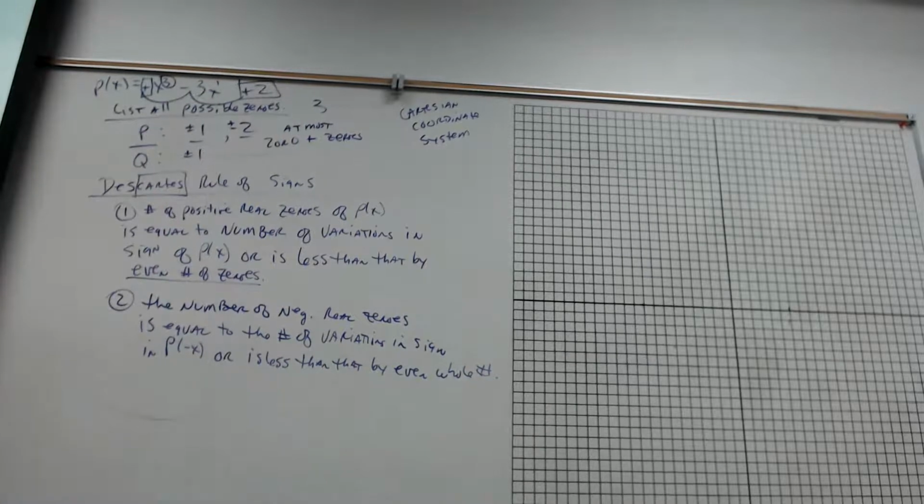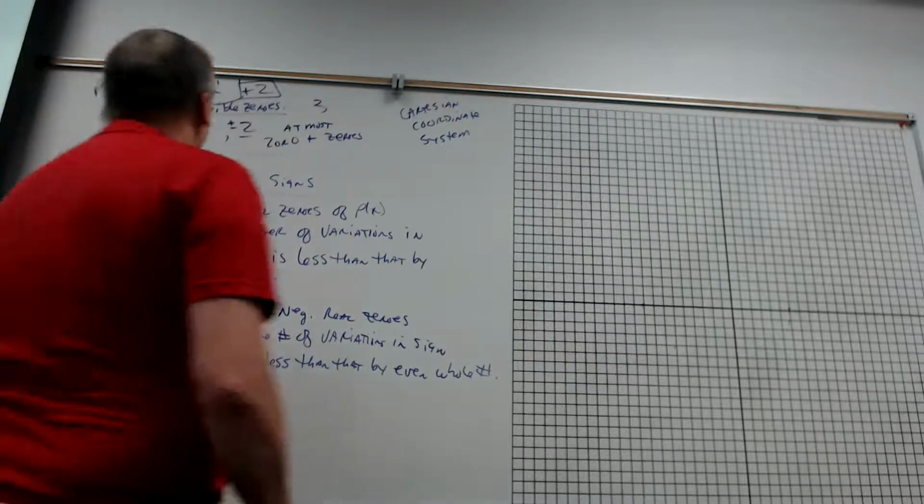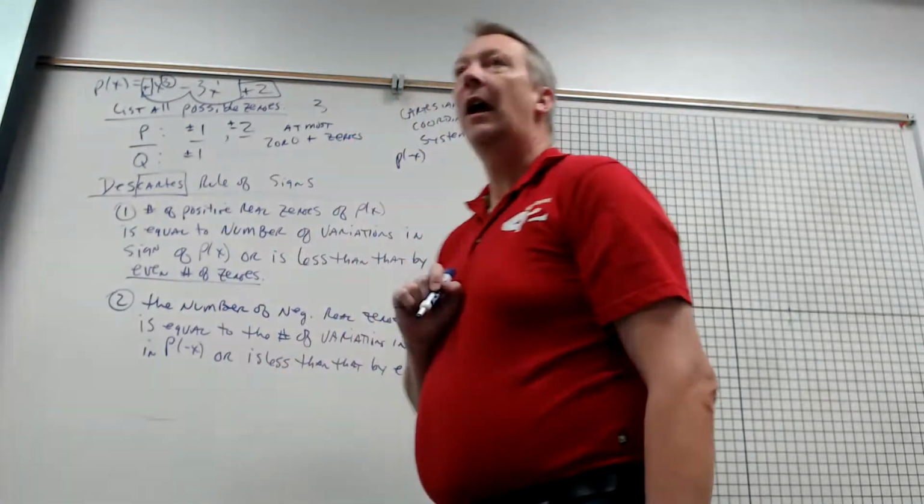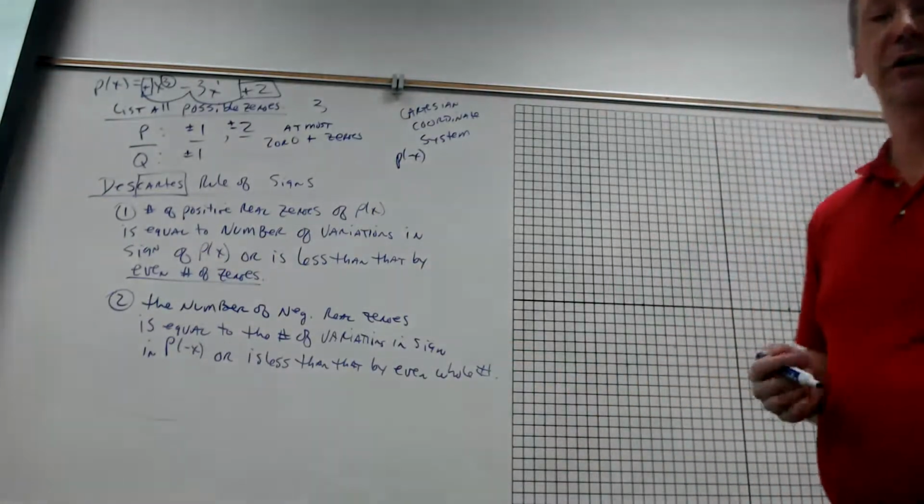Now, rule number 2 is really not as fun, but I'll do it anyway. What it says is, basically you need to define P of minus x. And then we're still going to count the number of variations in sign.